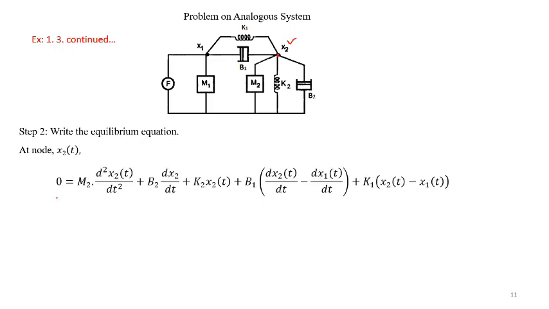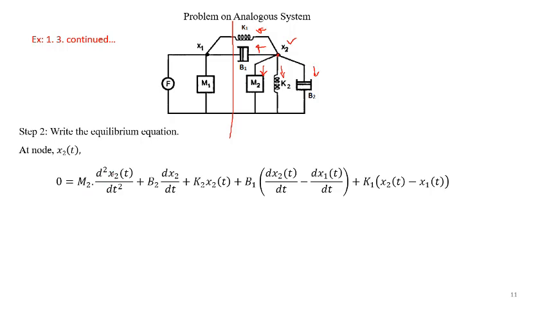So we have a 0 here, 0 input. Output from this one will be through this M2, through K2 and through B2. And next from here it will be for K1 outside and B1 outside. We are going to analyze the right half of this part.